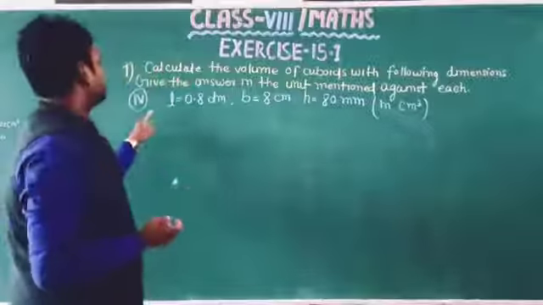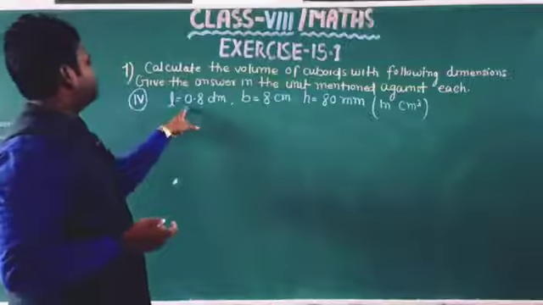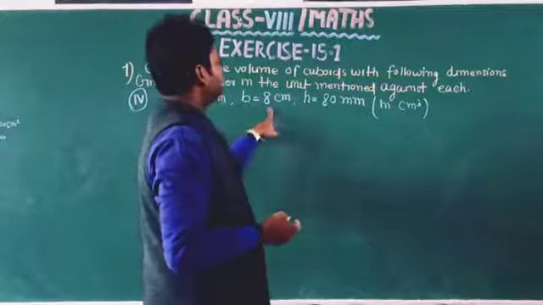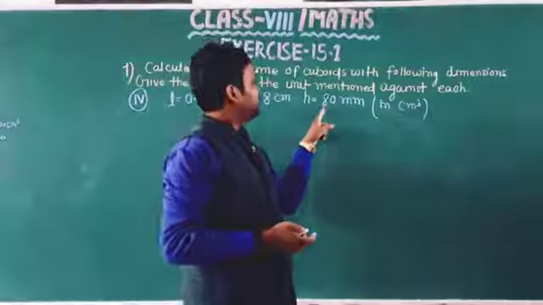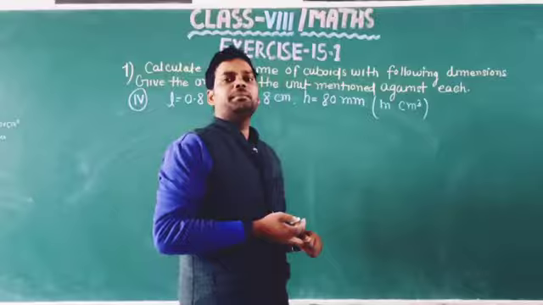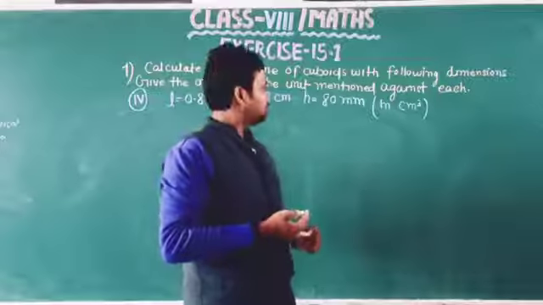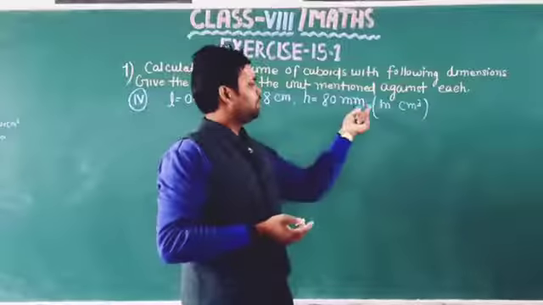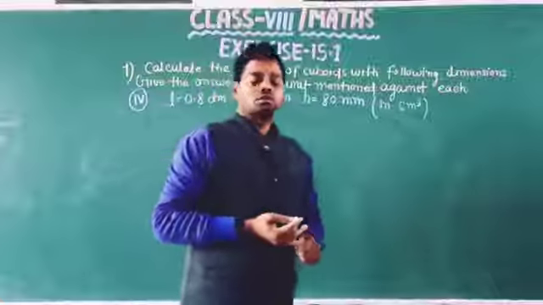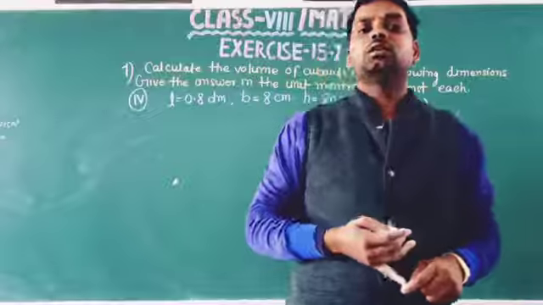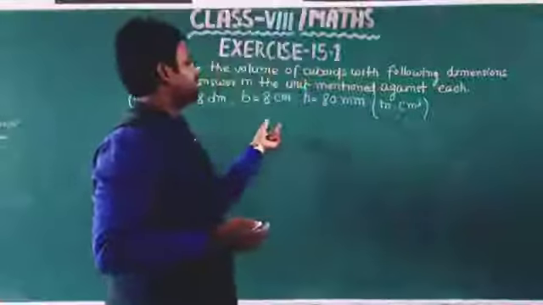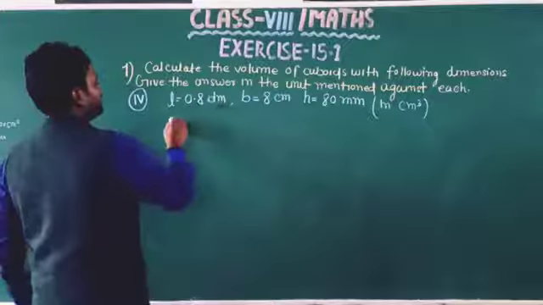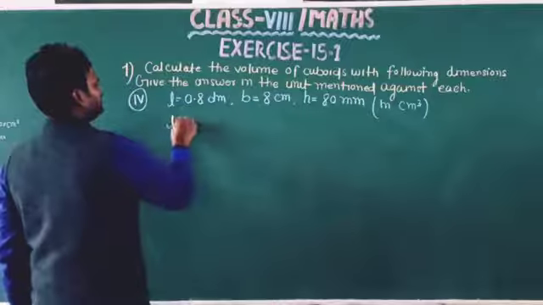And the fourth part of question number 1. Length is given 0.8 decimeter, breadth is 8 centimeter, height is 80 millimeter, and we have to find its volume in centimeter cube. So this means first we need to change all units in centimeter. Length is not given in centimeters, so first we need to change it to centimeter.